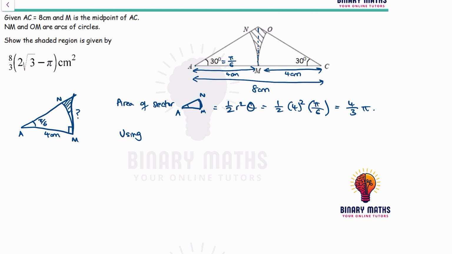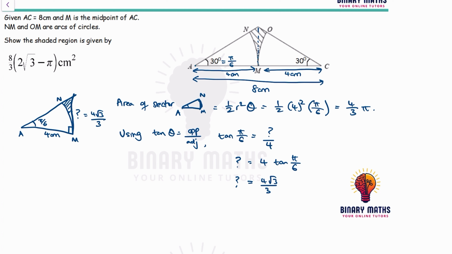So using tan theta equals opposite over adjacent, I have tan of pi over 6 is equal to question mark over 4. So that means the question mark is equal to 4 times tan pi over 6, which is 4 root 3 over 3.